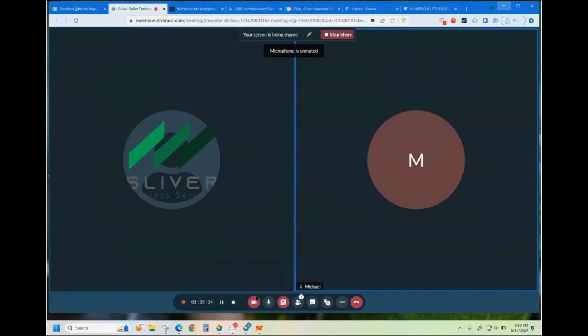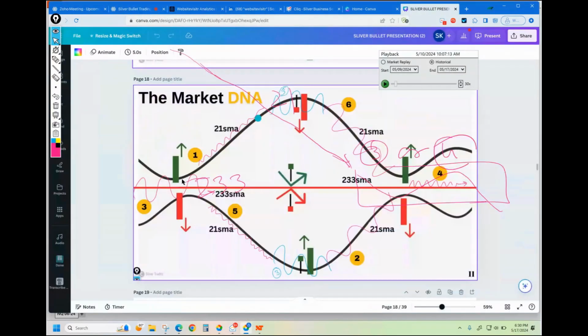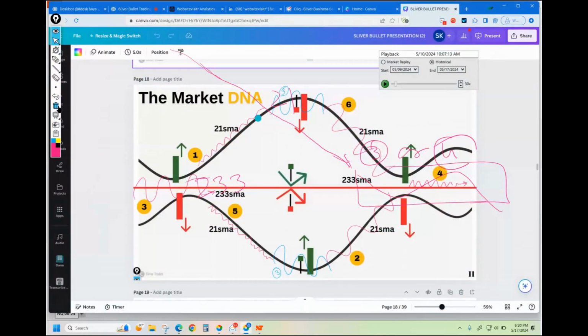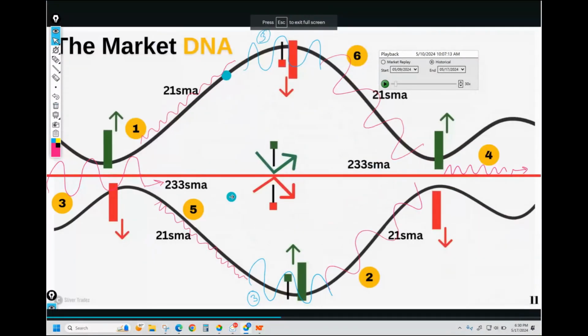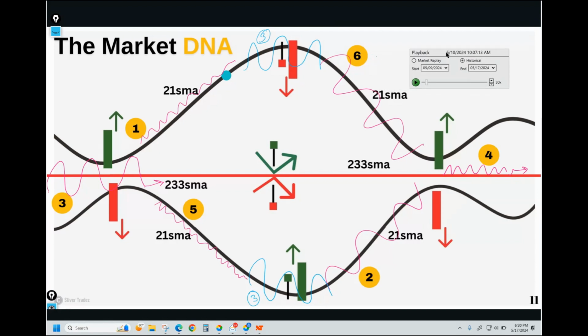You can take a picture of it and do a printout. I'm not sure if it is in the academy or not, but I will put it in the academy also.